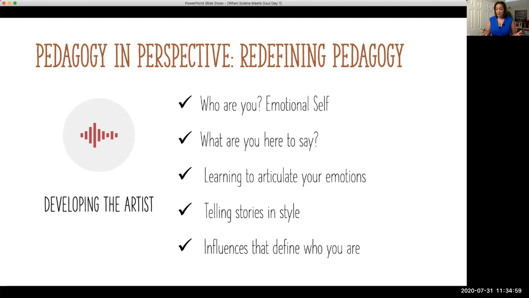How do you articulate your emotions in a manner that is in the style, that's culturally viable for wherever you are? We're trying to get them to tell these stories. What story are you telling? And recognizing what influences define who you are, the American melting pot, the world melting pot.